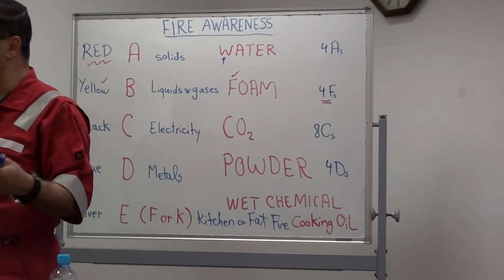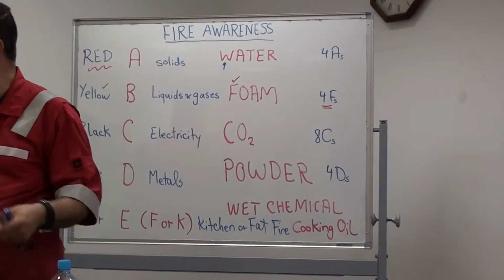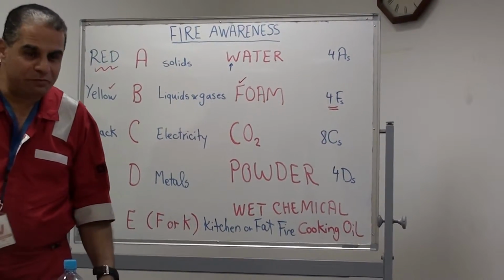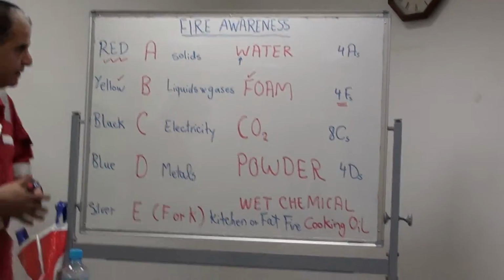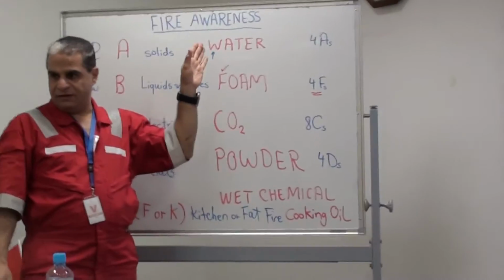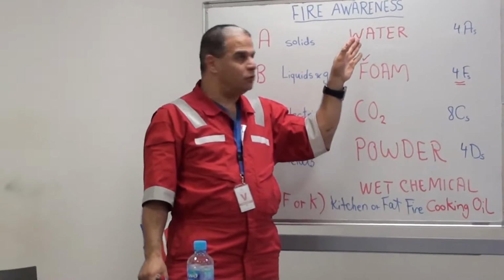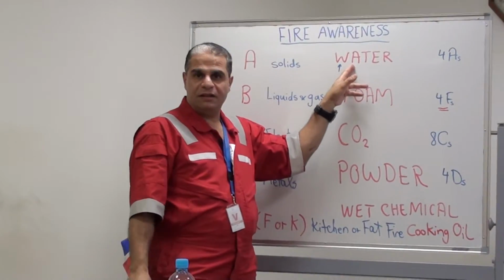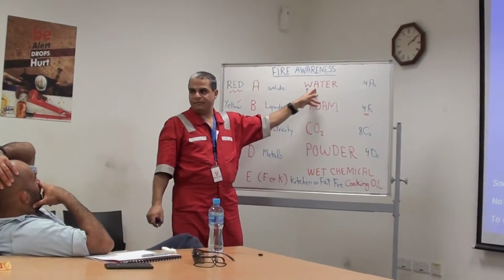It did not afford the huge tons of water that they used to put out the fire. So its disadvantage is the heavy weight of the water. A, it is used for class A.